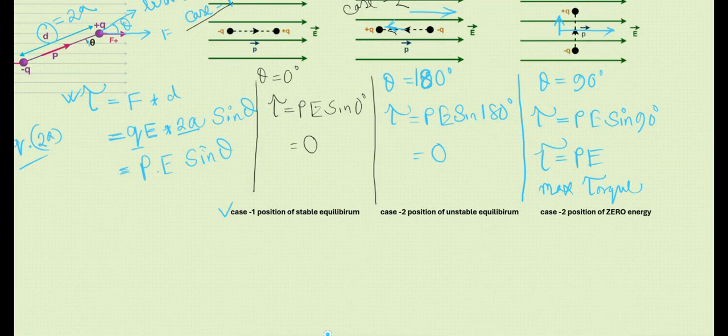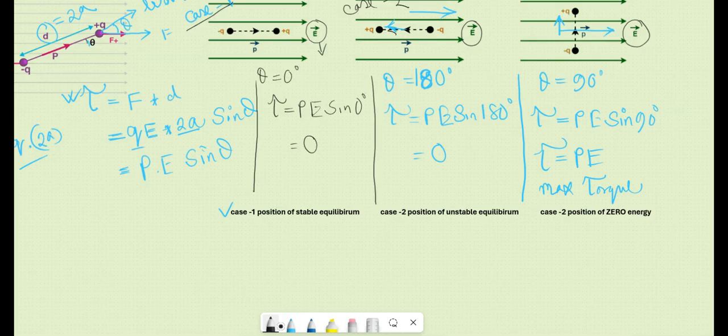So now case number 1. Case number 1 represents that the potential energy of the dipole is minimum when the dipole moment is parallel to the external field. By the way, I forgot to tell that as this is positive and this is negative, obviously there will be an electric field within these two charges, right? But this electric field E is an external electric field, and I'm talking about this external field.